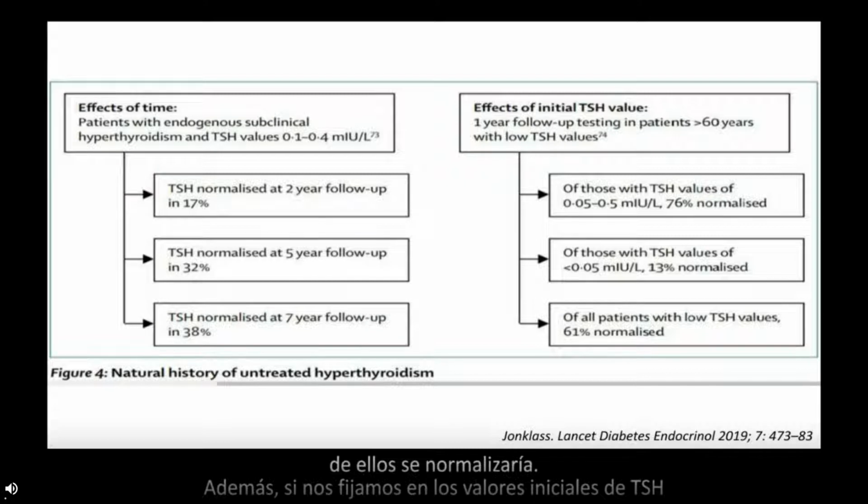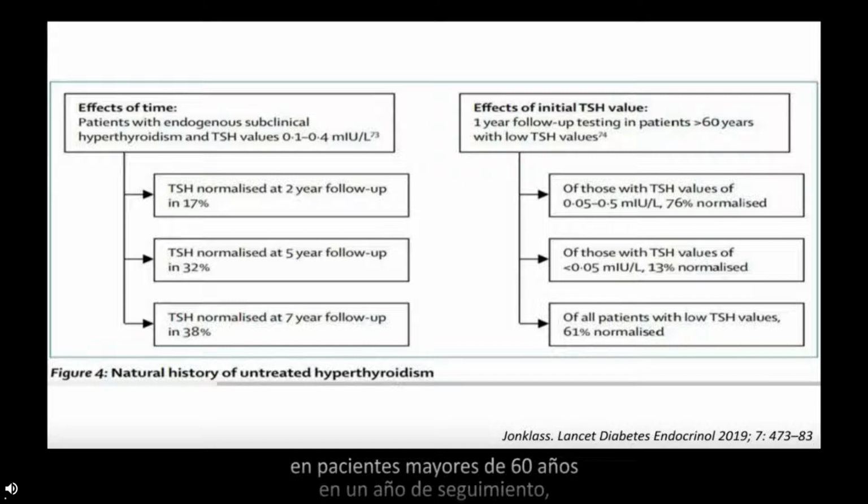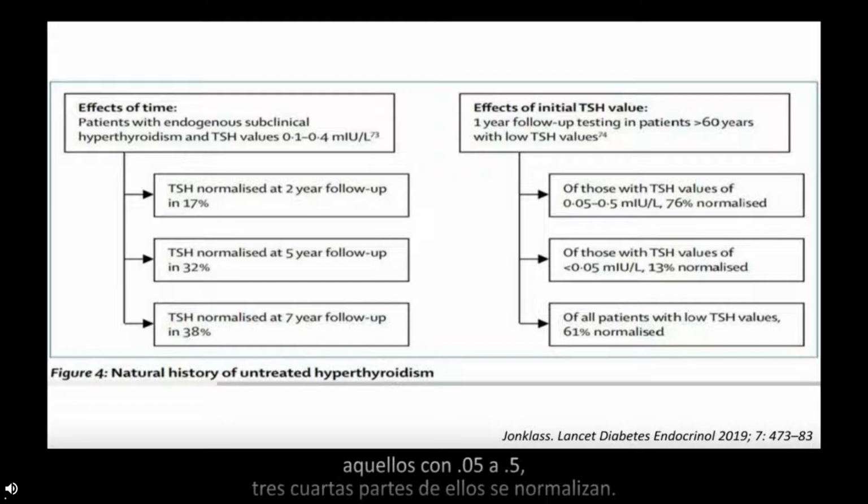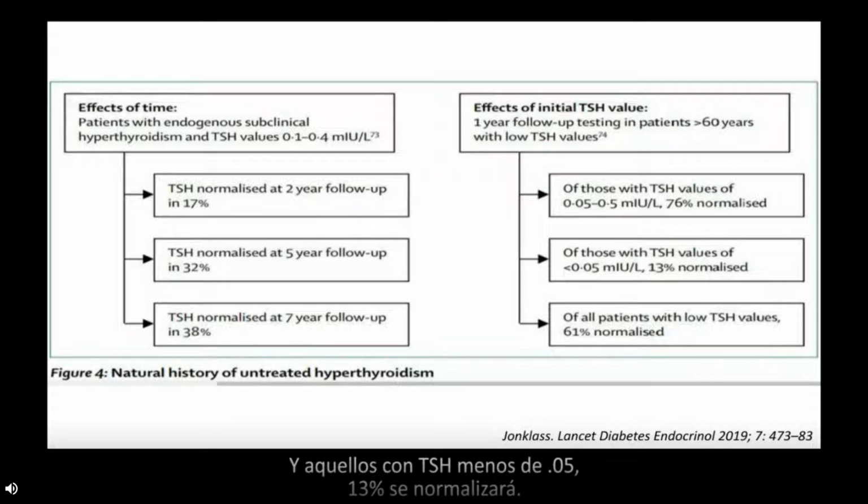Also, if we look at the initial TSH values in patients over 60, at 1 year follow-up, those with 0.05 to 0.5, 3/4 of them normalize. And of those with TSH less than 0.05, 13% will normalize. And of all patients with low TSH, close to 60% normalize. So again, underscoring that for subclinical hyperthyroidism, there's virtue in waiting and staying your hand and observing.